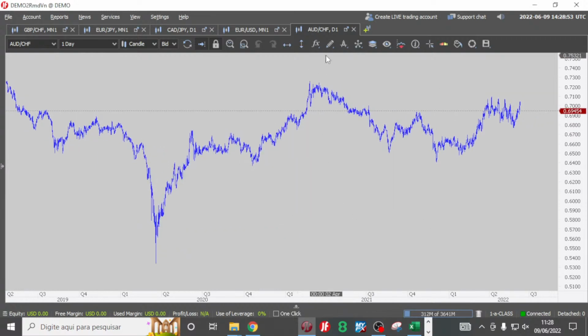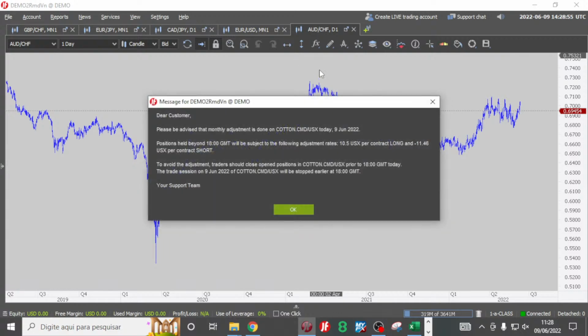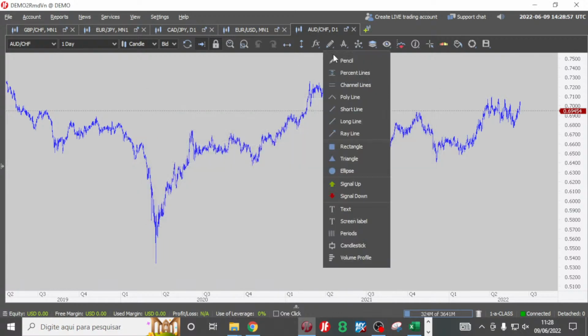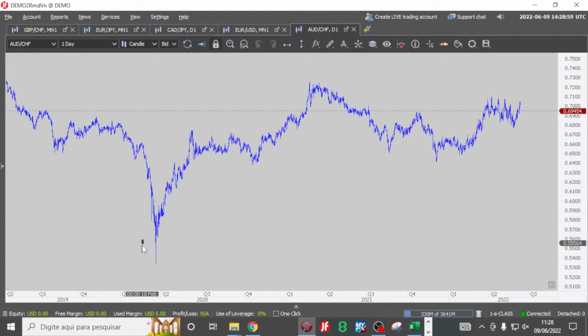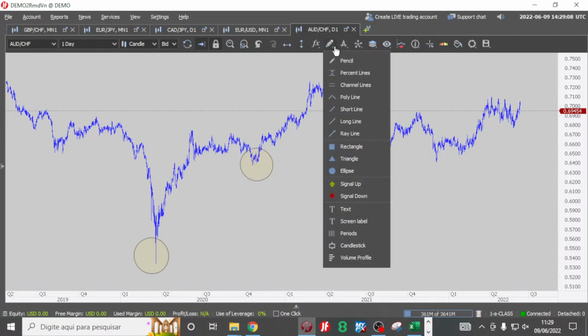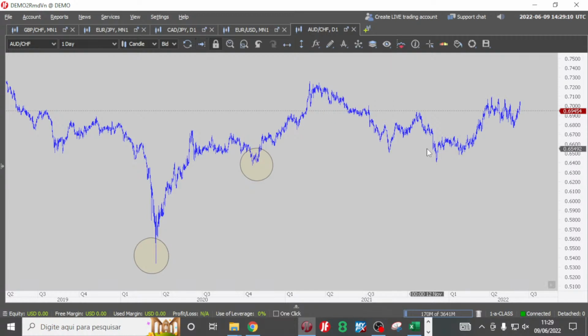Tell me, everybody, where should we start drawing our original Fibonacci? At the first circle? Should we start drawing our original Fibonacci at the second circle? Or should we start drawing our original Fibonacci, meaning the A, on the third circle? Where should we start?